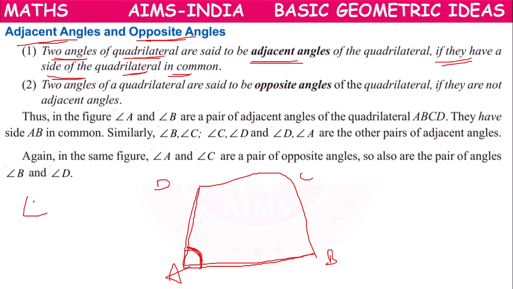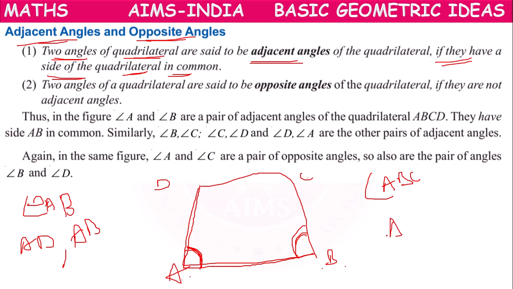So it is called angle DAB, which is formed by line segments AD and AB. Or if we take the second angle, we can call it angle ABC, formed by line segments AB and BC.